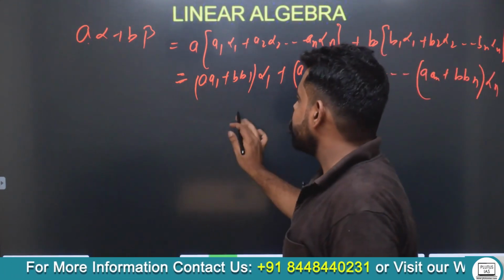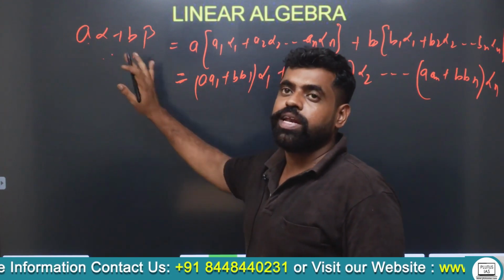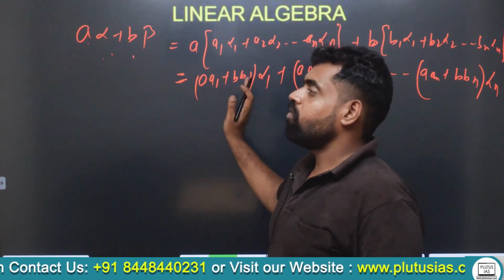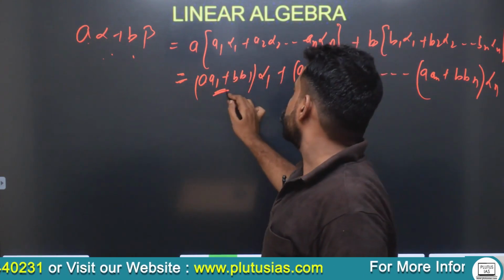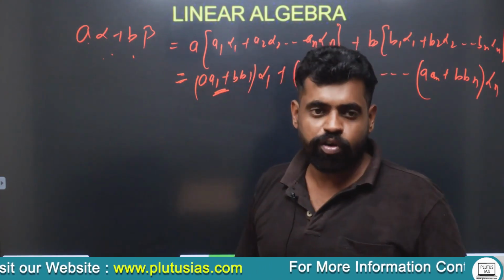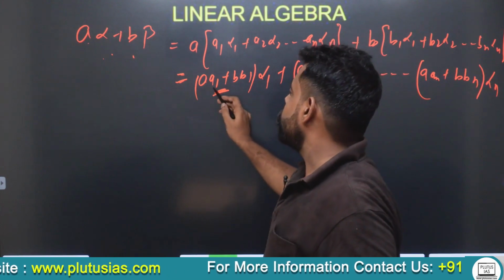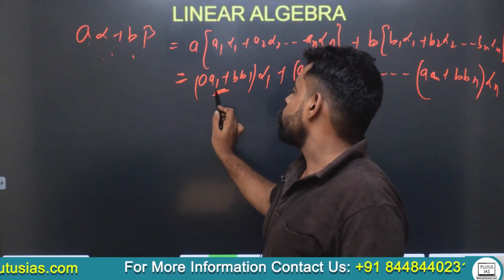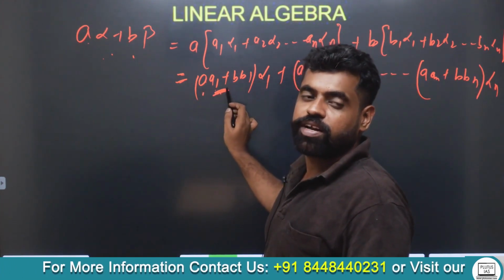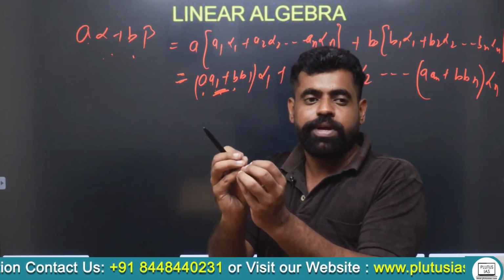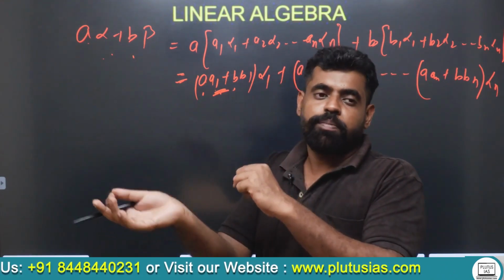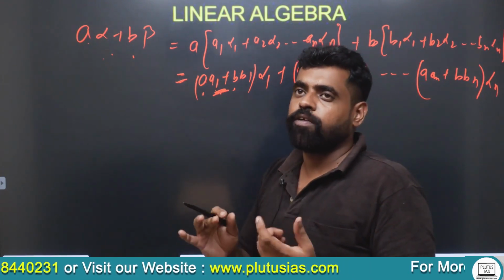So clearly we can see that this also is a linear combination of alpha 1, alpha 2, dot dot dot alpha n, where these coefficients belong to the field. Since these are elements of the field and the field is closed under multiplication and closed under addition. So जोड़ घटाव करके सब field में ही आएंगे. After doing the multiplication and addition, all will be elements of the field only.